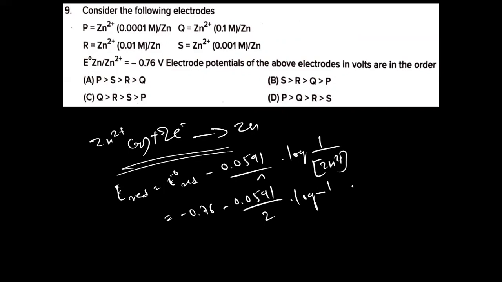Then log of 1 by Zn2 plus. So that can be multiplied with the negative charge here, so that the negative charge becomes positive. 0.76 plus 0.0591 divided by 2 log Zn2 plus.